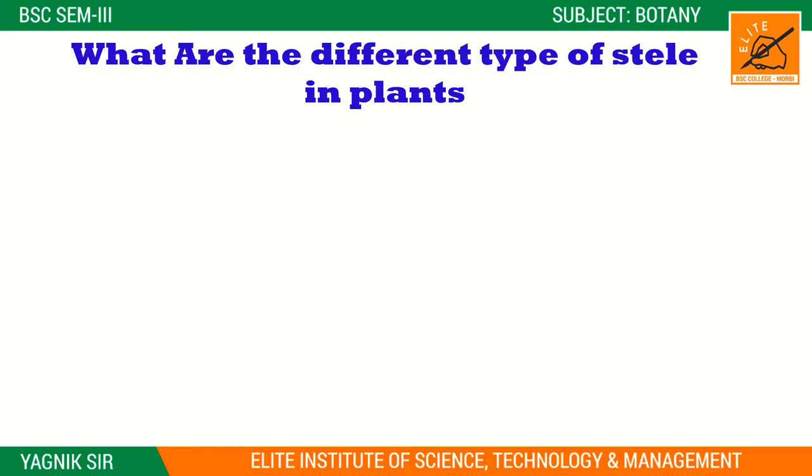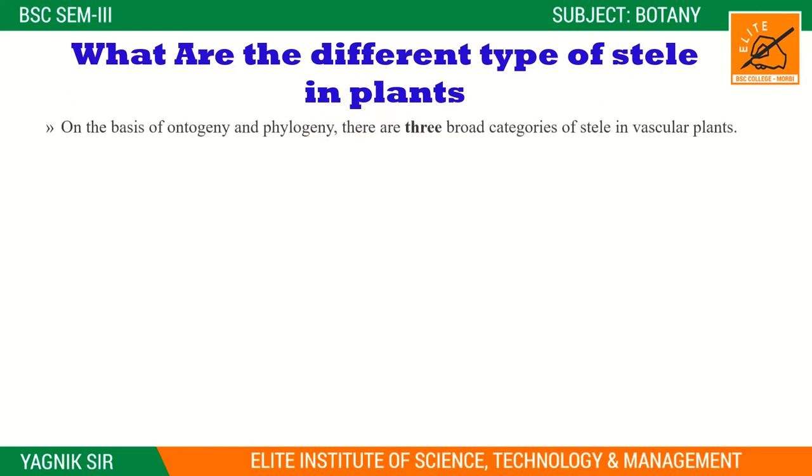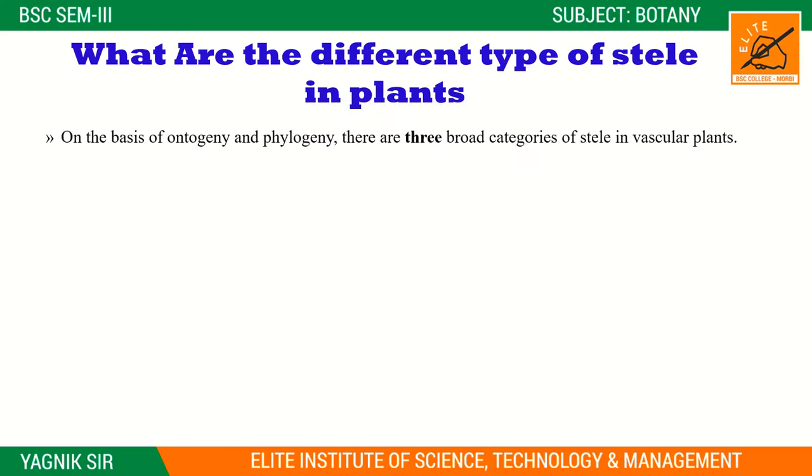So what are the different types of stele in plants? Normally there are three broad categories in the vascular system, that is, the arrangement of the vascular system. On the basis of ontogeny and phylogeny, there are three broad categories of stele in vascular plants. The first is protostele, another is siphonostele, and the third is solenostele.